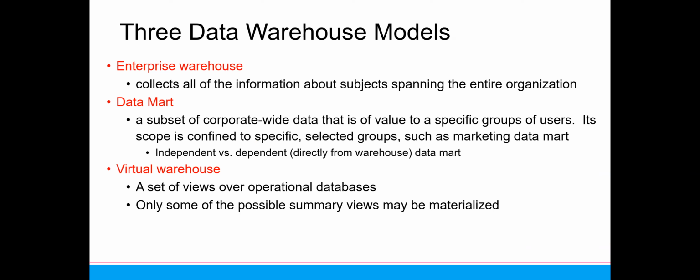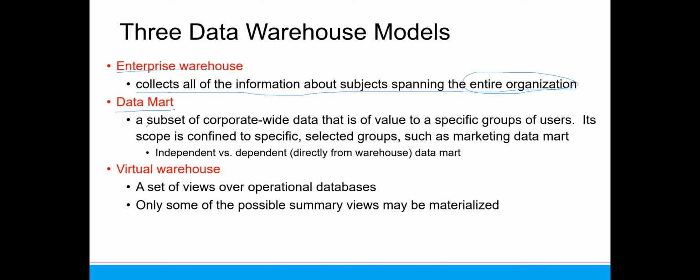There are three data warehouse models. The first is the enterprise warehouse. The enterprise warehouse means a warehouse to collect all the information about subjects spanning the entire organization. The entire organization means all departments in the organization. We have data mart.